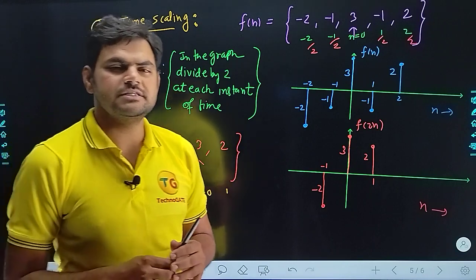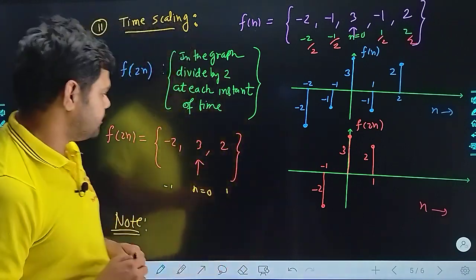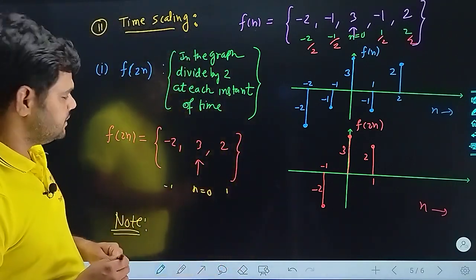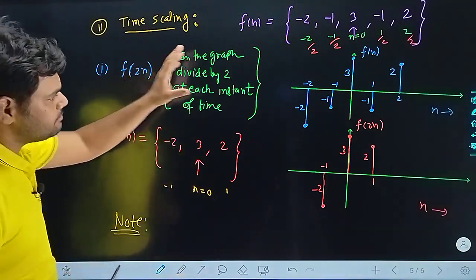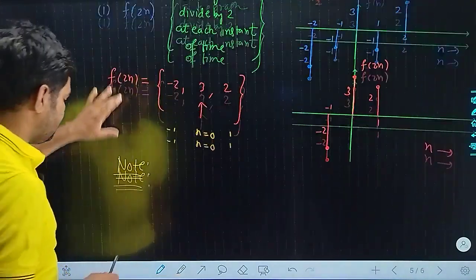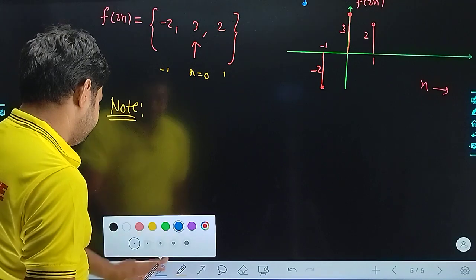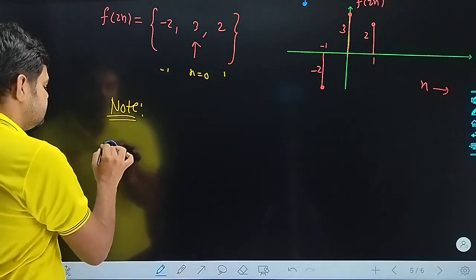This is called decimation of discrete time signal. Please note this down. Now let us move to f of n by 2 time scaling.